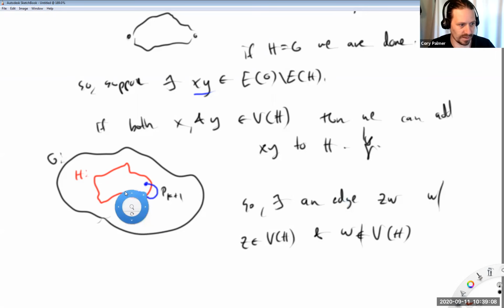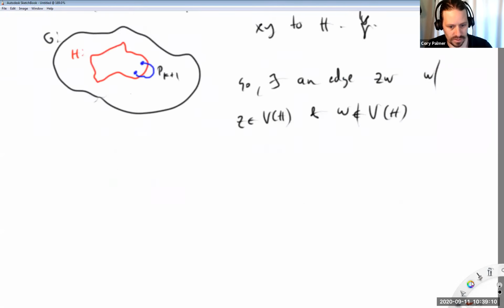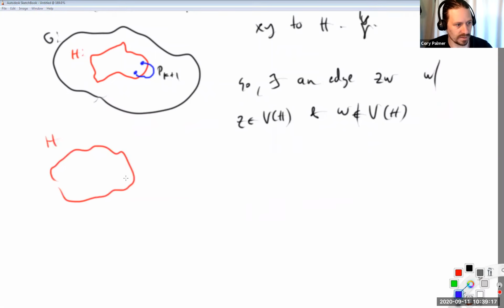Let me draw a picture for that, and then we'll justify it a little bit further. So this is H, and then there exists a vertex in here and here with a path like that. And this is Z, and this is W.